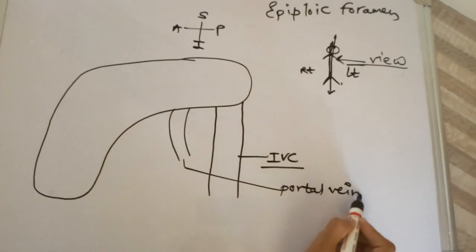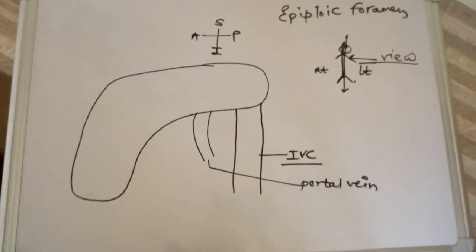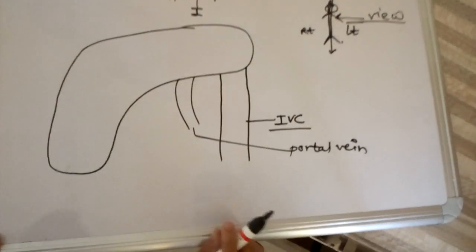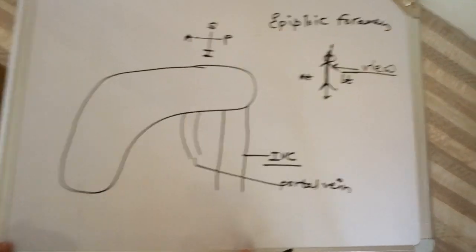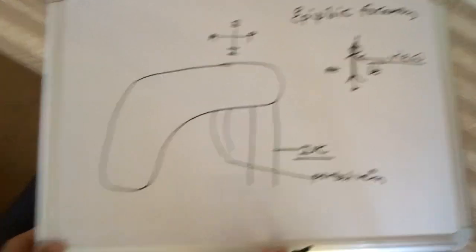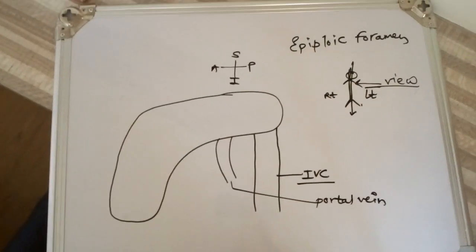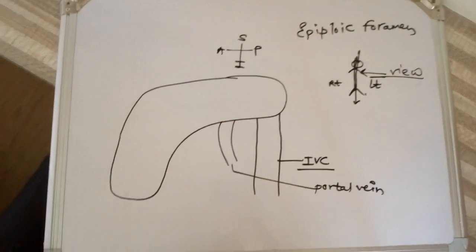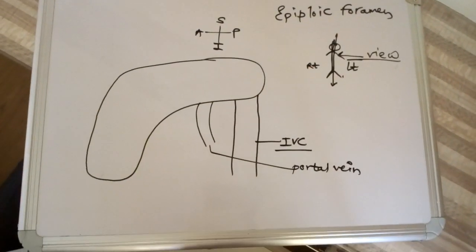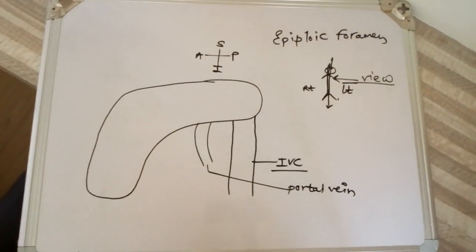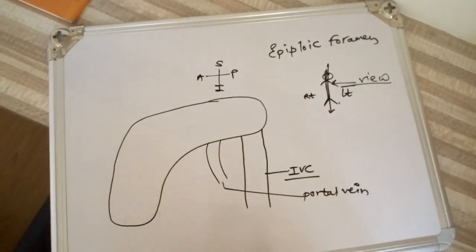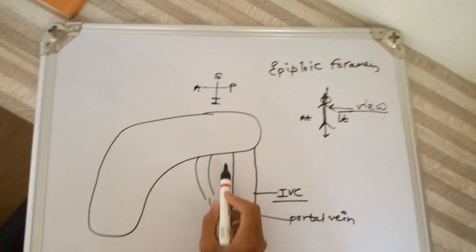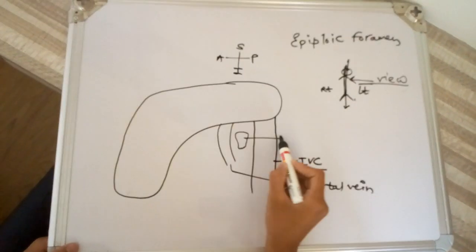The portal vein is a combination of the splenic vein and the superior mesenteric vein. It is formed coming from the lower aspect in the abdomen. Then the portal vein, and between the portal vein and the IVC you have the epiploic foramen.